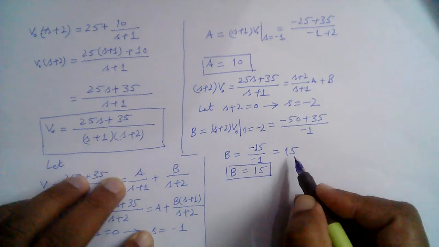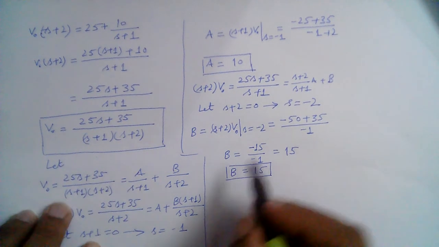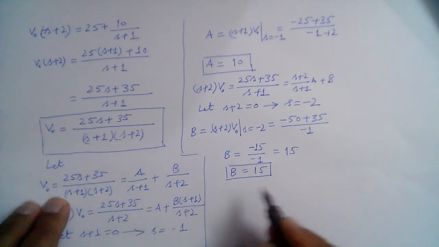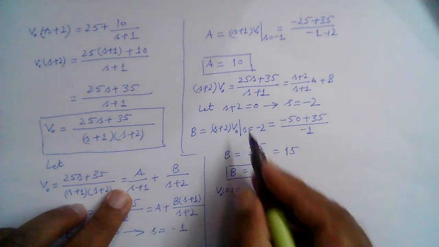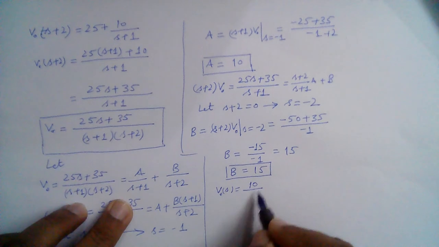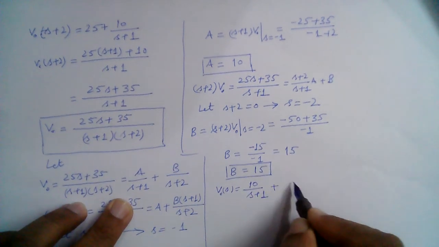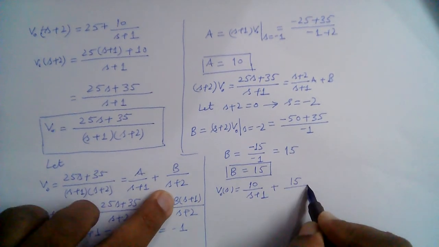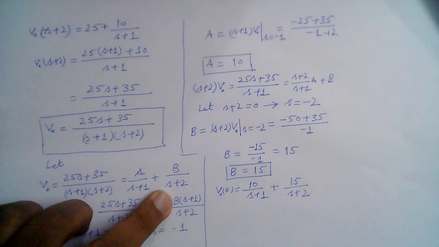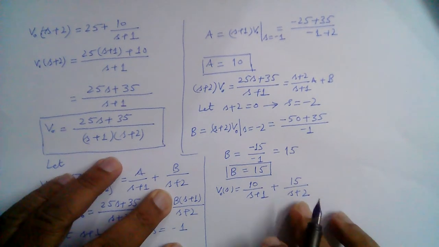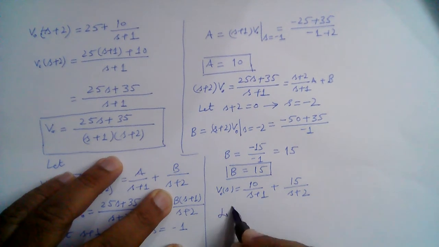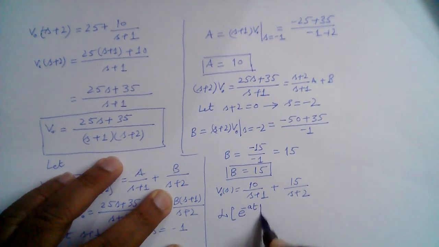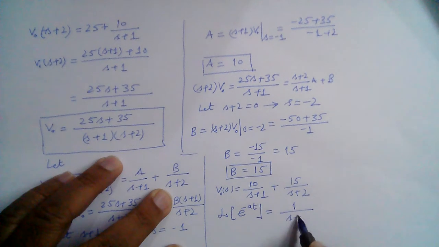So we have found these coefficients. We can now represent V naught of S as A over S plus 1, where A is 10, so 10 over S plus 1, and B is 15 over S plus 2. Now it is easier to find the inverse Laplace transform, because we know that the Laplace transform of e raised to the power minus at is equal to 1 over S plus a.